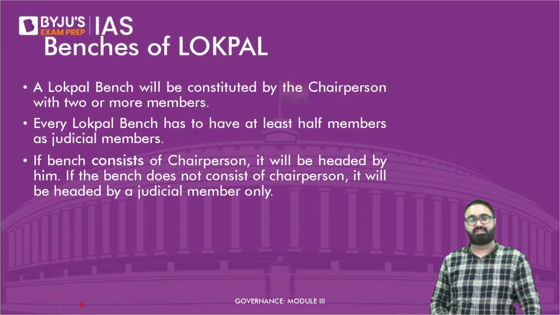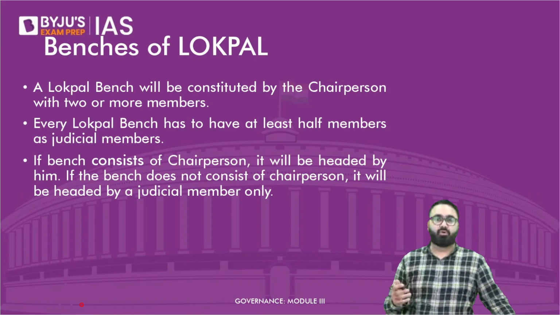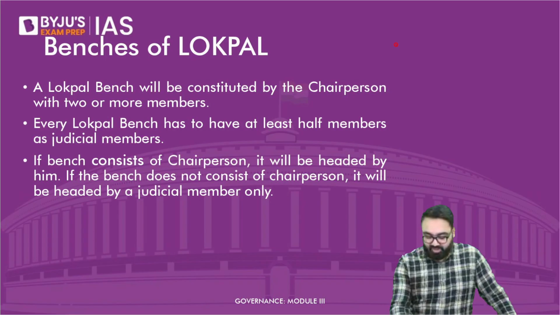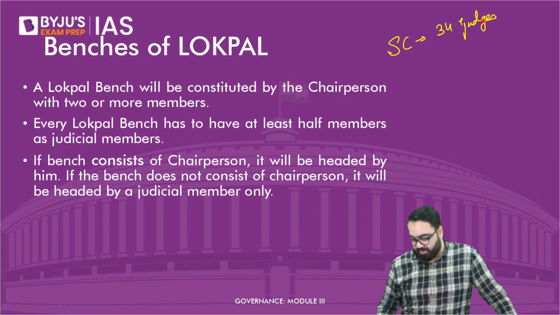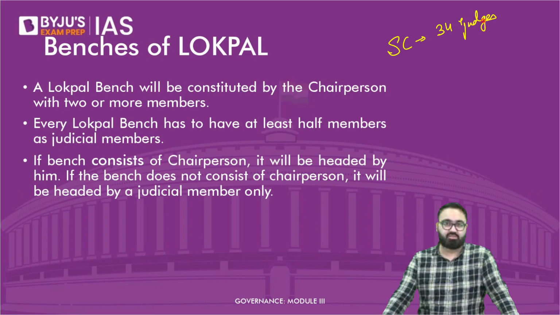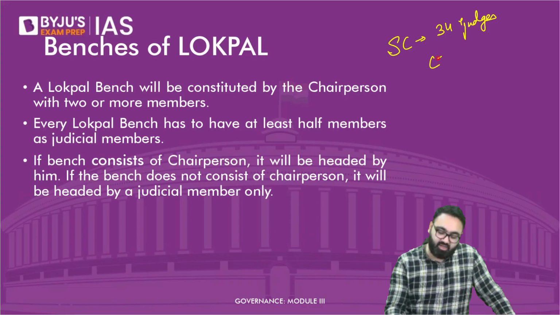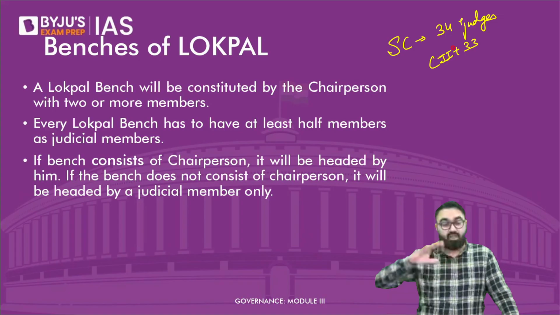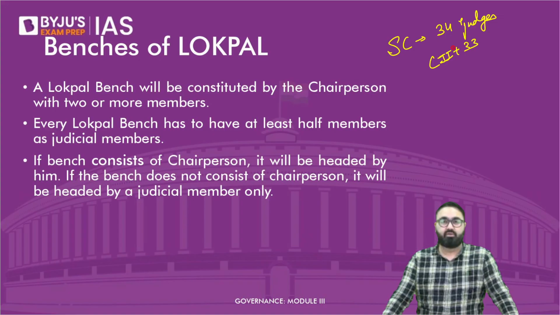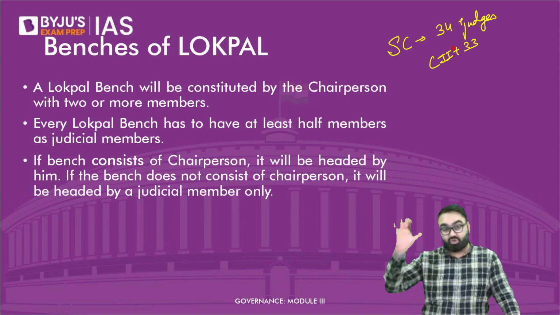Now, what does it mean? See, you know how the Supreme Court works. The Supreme Court, for example, has a total of 34 judges. So there is the Chief Justice of India and 33 others. They do not listen to a case altogether. It's not that 34 judges together will decide a case.